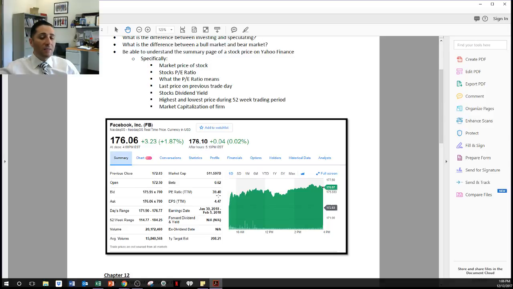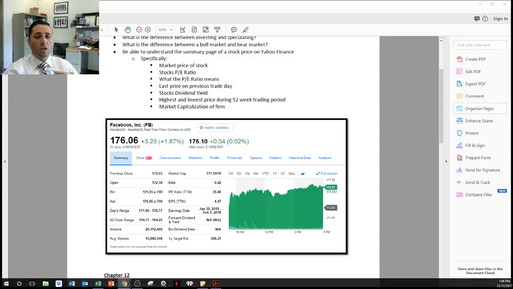And what that means is that for every dollar of earning, the investors are wanting to get back. This means that investors are willing to pay, in this case, $39.4, or 39 if you rounded it to the nearest dollar, $39 for every dollar of earnings per share that the company generated last year.